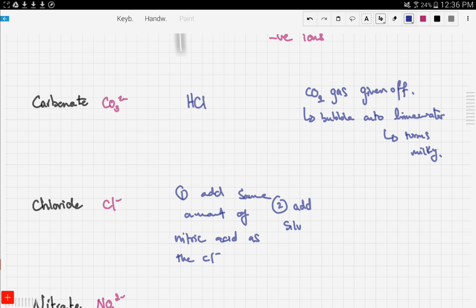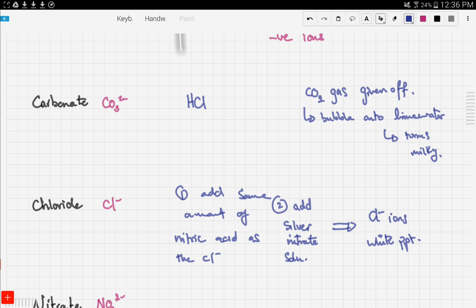Now what's gonna happen? Well, if chloride ions are present, a white precipitate will form.